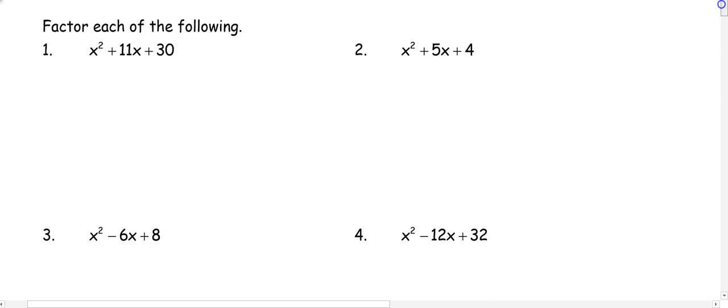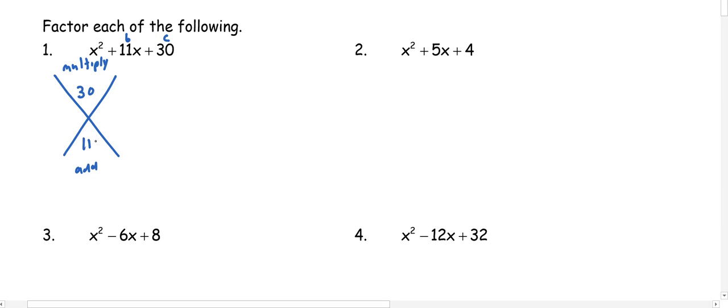In number one, we have x squared plus 11x plus 30. So our c value is 30, and our b value is 11. We need to know what multiplies to 30 and adds to 11. To start, we think about numbers that multiply to 30.